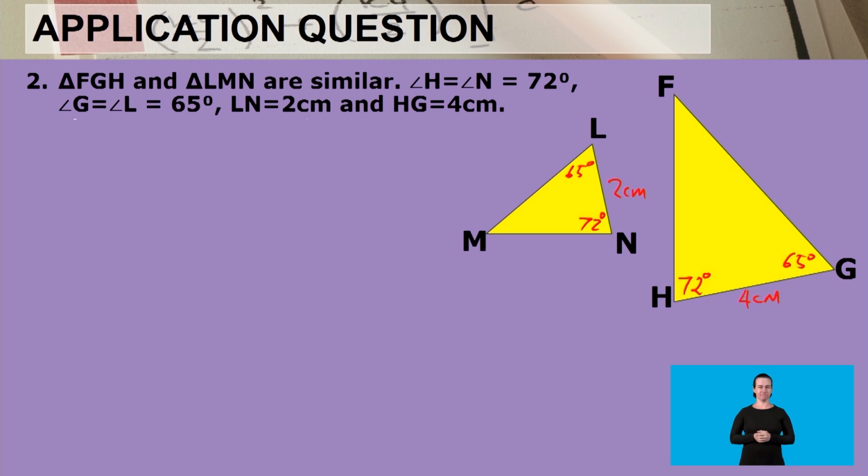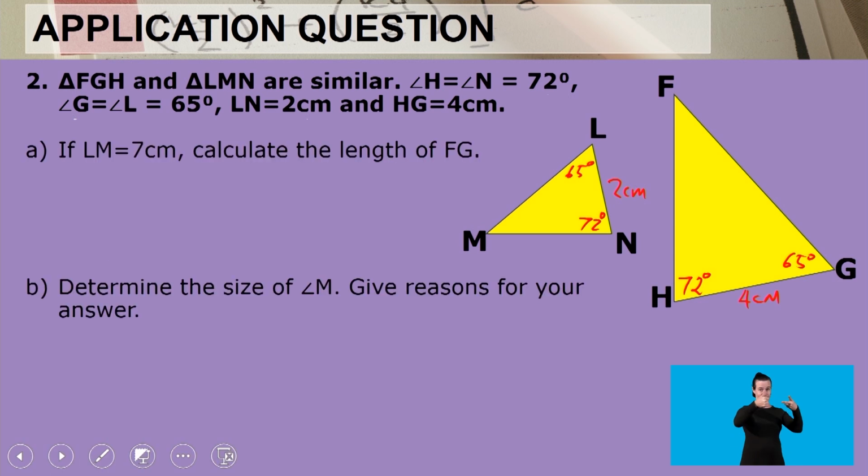Now the A part of the question says, if LM is 7 centimeters, calculate the length of FG. What do you notice about our triangles is that we've got angles that are similar.